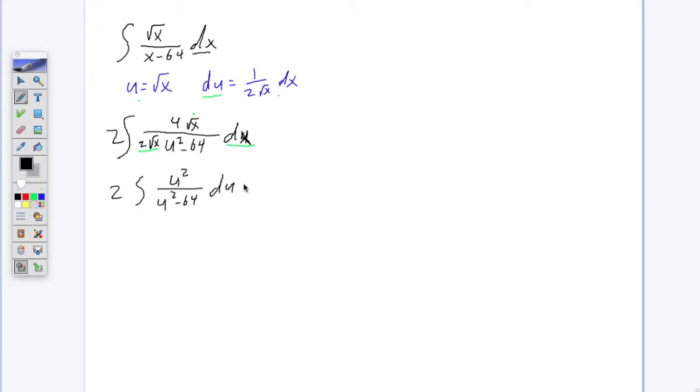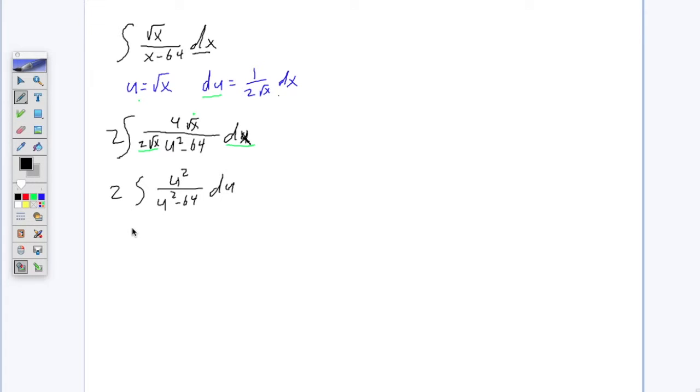If you need to look at how we did that, go back and try to do that yourself. This is the integral that we have where all of the x's have been replaced by u's, and we have a problem because the degree of the numerator and denominator are the same.